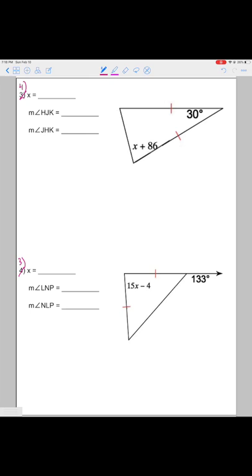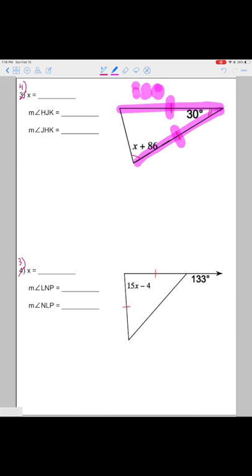So if we look at the first one, we don't have 3 angles, we only have 2 angles. We don't have anything exterior, so we still can't even do anything. But what we do have are these 2 tick marks right here, which means this side of the triangle and this side of the triangle are congruent.